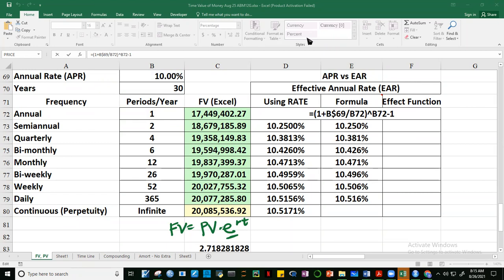Okay. Yan, meron pa. Thank you. Sige. Well, let's just wait for the response of others. Very good, very good. Okay, thank you so much, guys, for responding. Okay, so we learned how to compute for the effective annual return, effective annual rate using the rate function or using the formula.